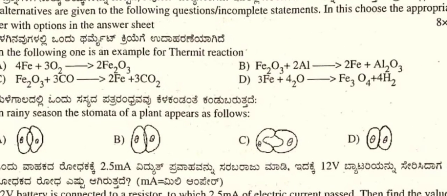And you might be knowing that thermite process has an application in joining of the railway tracks, where the rails are joined by adding molten iron into the cracks. How is the molten iron set into the cracks properly?